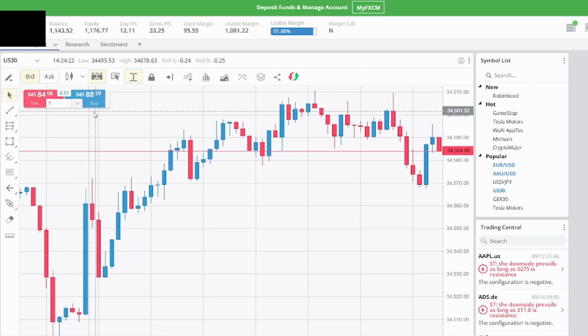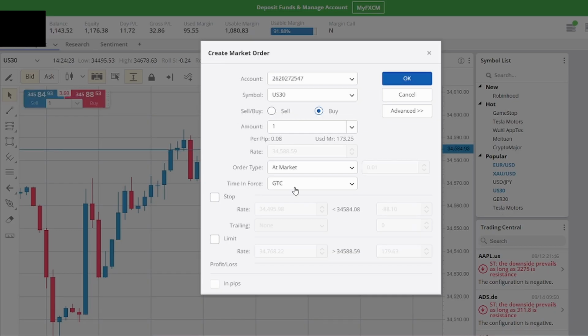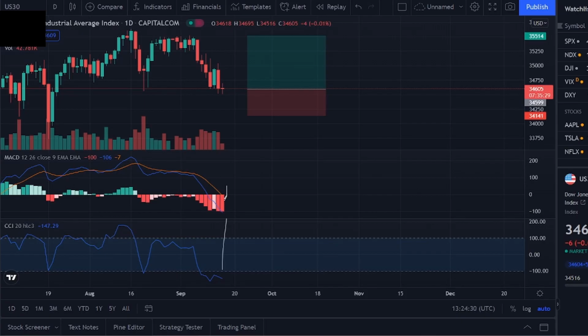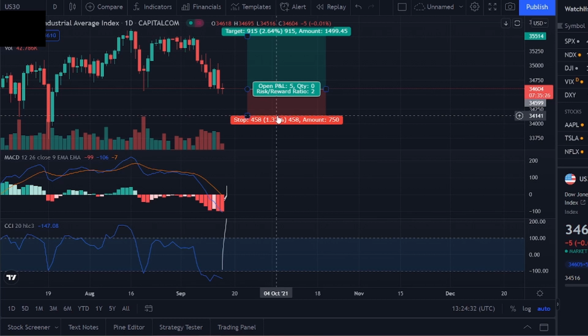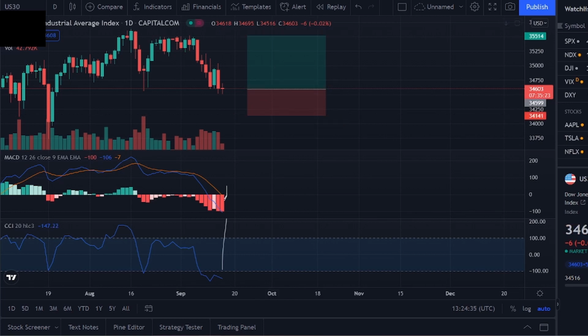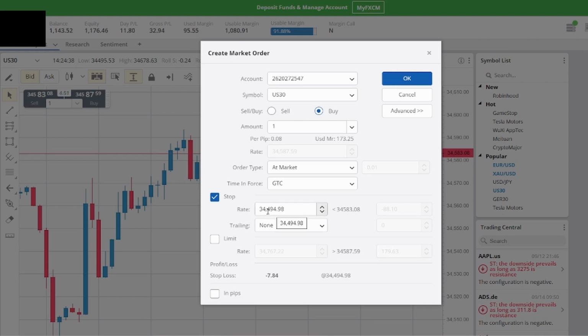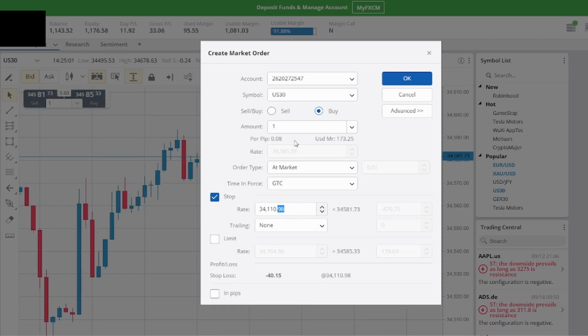So here I'm gonna enter now. And the stop loss is at around 3,4100. So that is my stop loss, maybe a little bit higher, because usually I like to risk about 3%, at least on this account I'm always risking 3%.